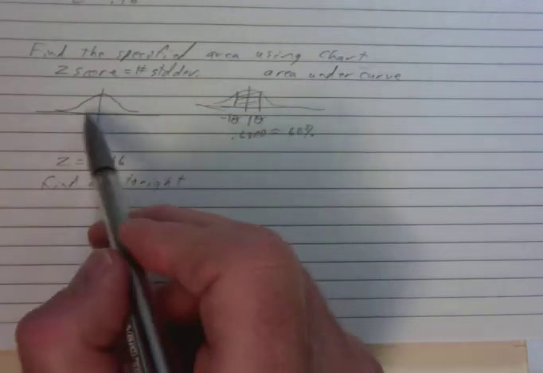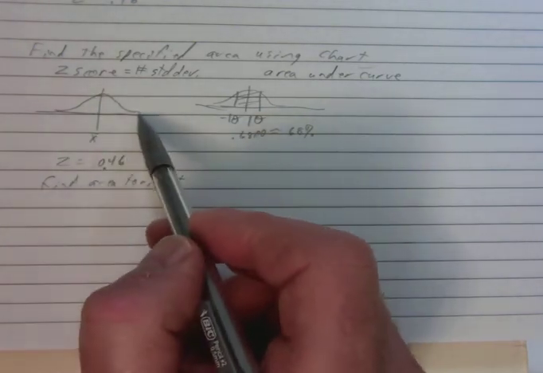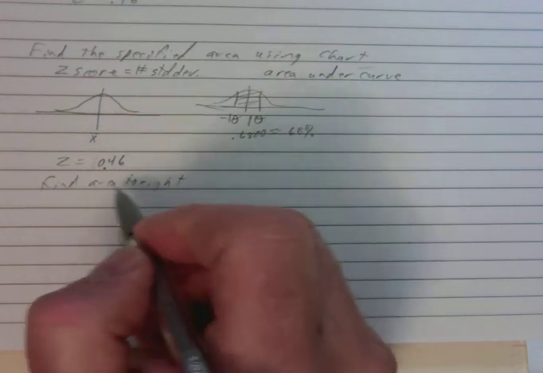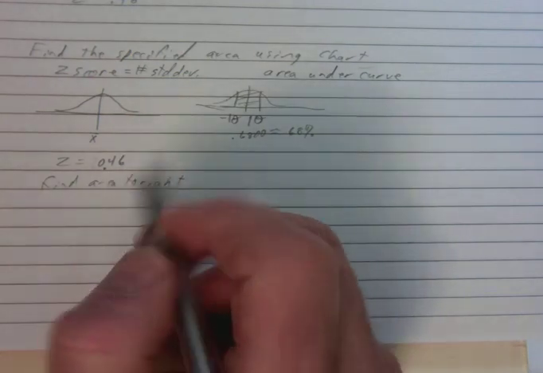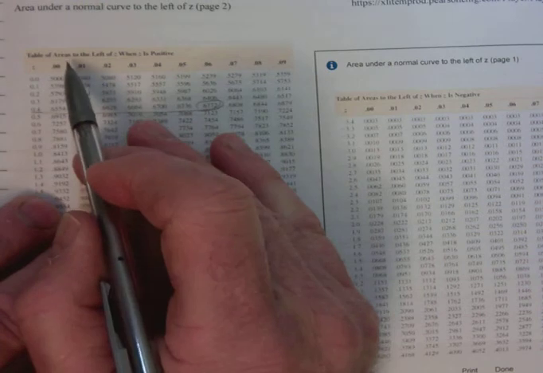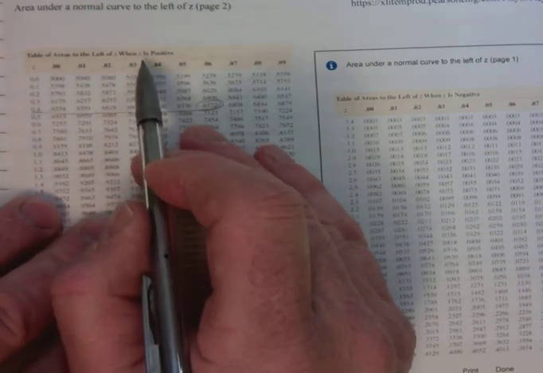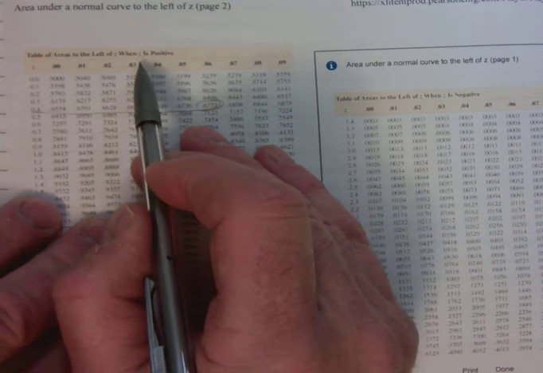Well, if you start out with the total area under the normal distribution is 1, or 100% of the data is found there, then to find the area to the right, we have to look at our table. And let me get down here where you can see it. Notice it says areas to the left of z when z is positive. Okay, so the area to the left.